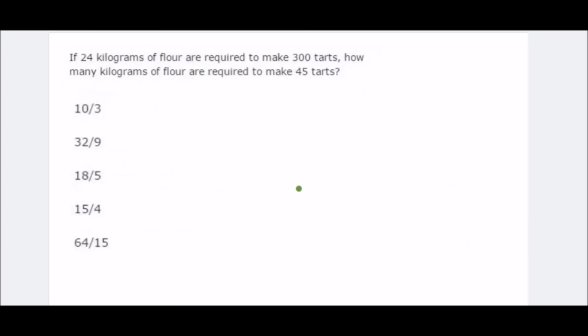So here is our next question. If 24 kg of flour are required to make 300 tarts, how many kg of flour are required to make 45 tarts? So first we'll analyze the question, that is 300 tarts is equal to 24 kg of flour, right? So for 1 tart we need 24 by 300 kg flour.